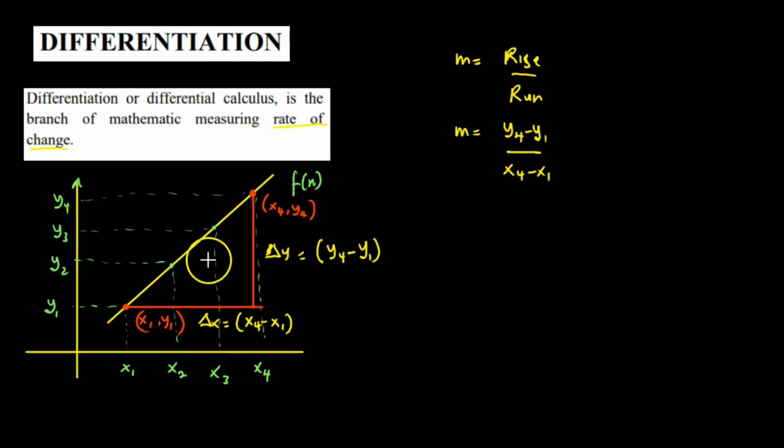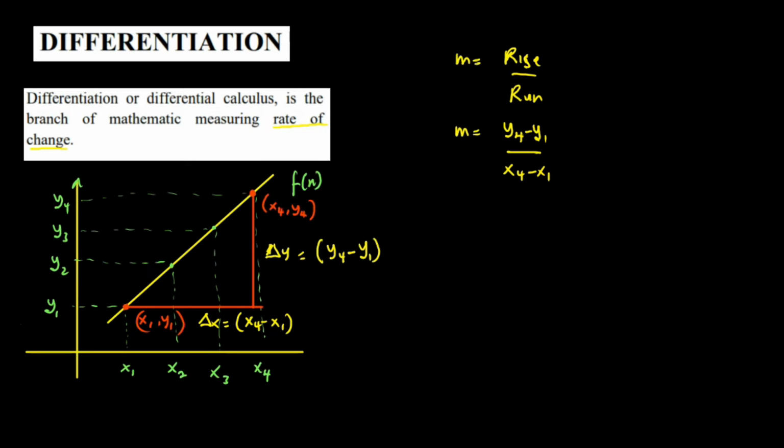But the idea of gradient on a line cannot be used on the gradient on a curve. Therefore, how do we move further to generalize how to get the gradient on a curve? Why do we say that the gradient on a curve differs?